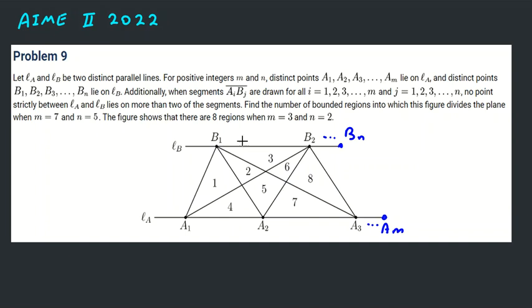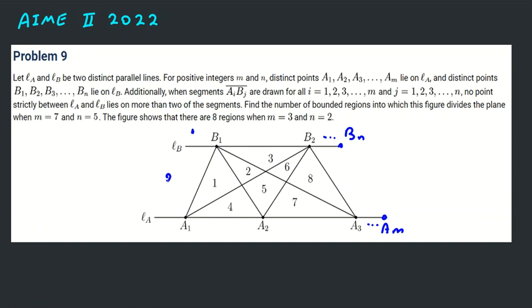The reason it says this is to maximize the number of regions. Then it says find the number of bounded regions into which this figure divides the plane when m equals 7, n equals 5. If we find all regions, how many unbounded regions are there?